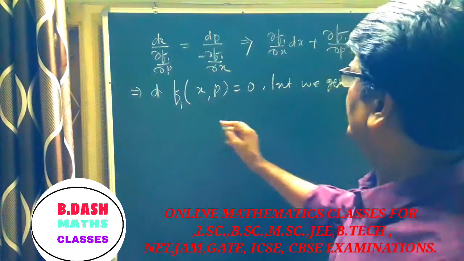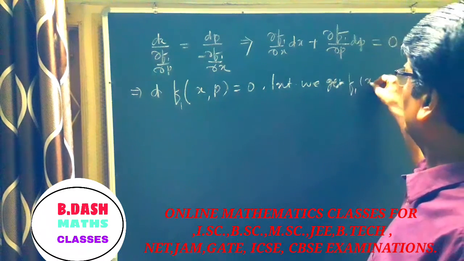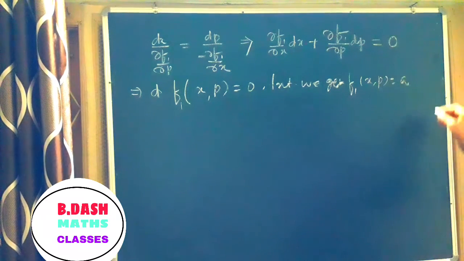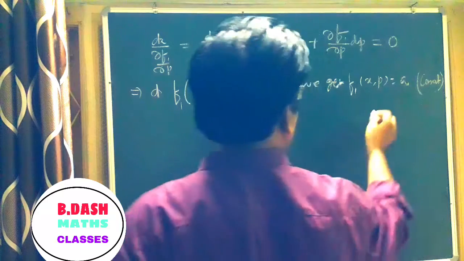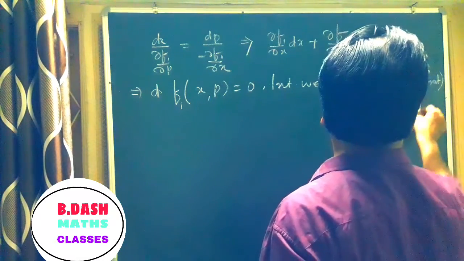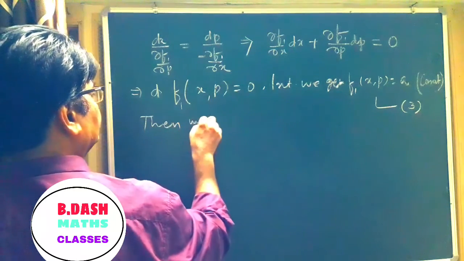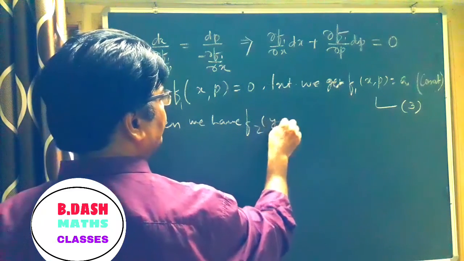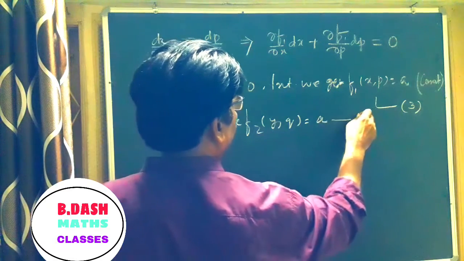Integrating, we get f1 of x, p is equal to a, where a is a constant of integration. Let us take it as equation 3. Then we have f2 of y, q is equal to a. This is equation 4.